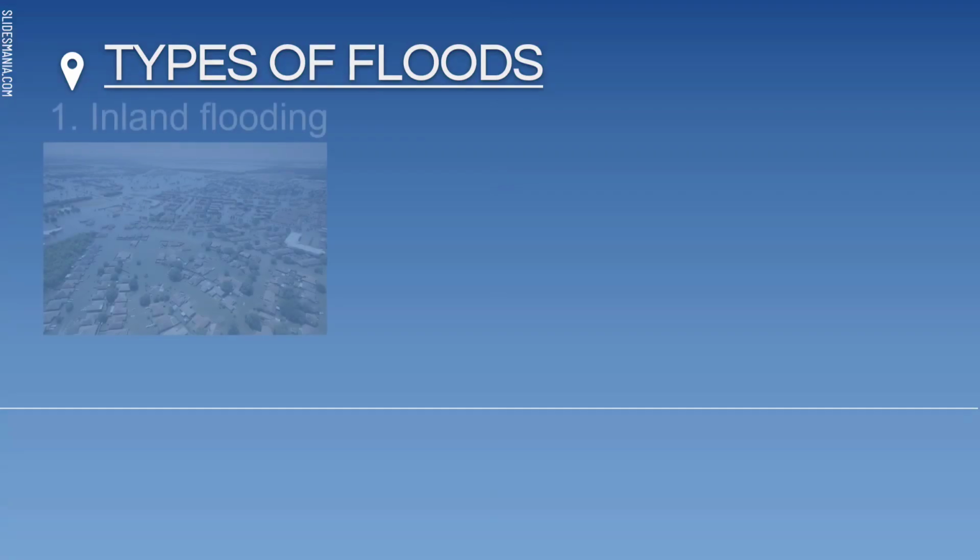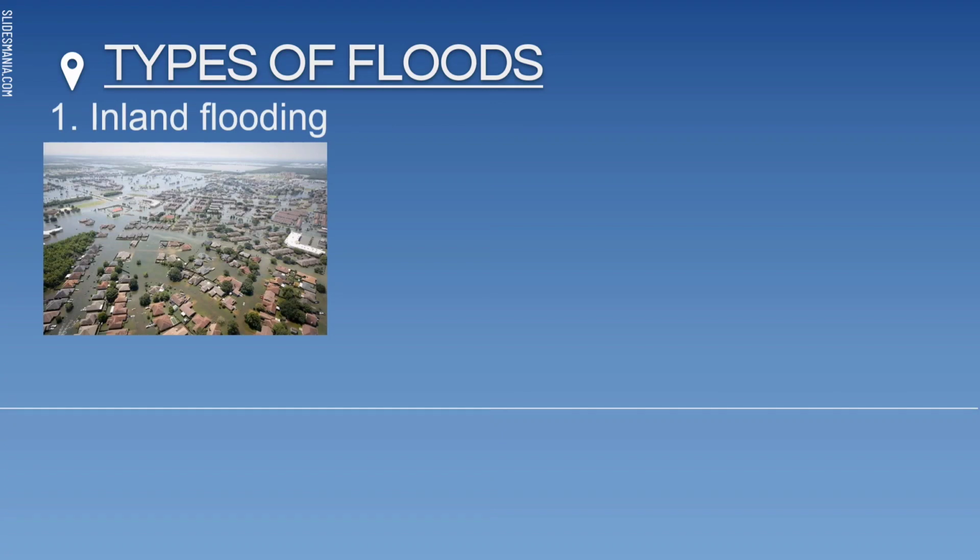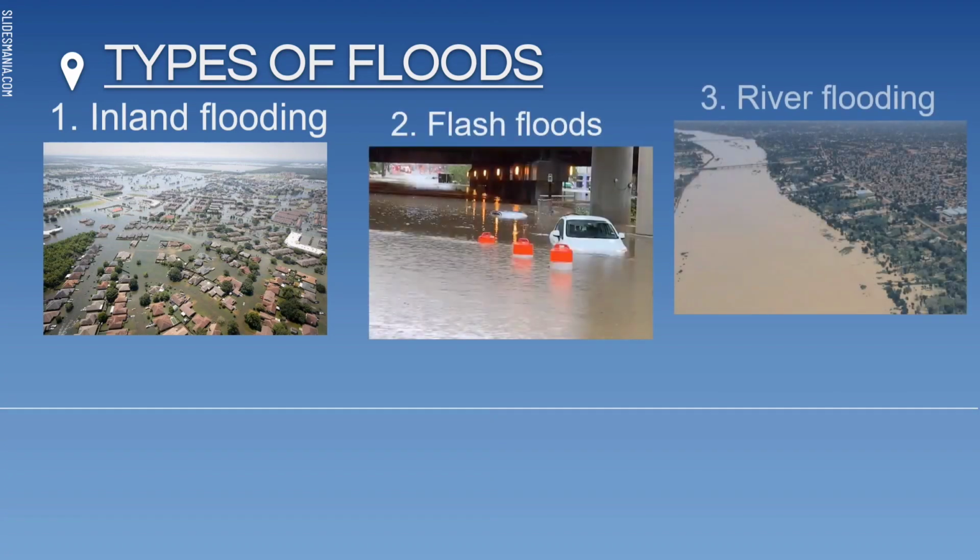And we also have different types of floods: inland flooding and flash flood. Inland flooding is a technical name for ordinary flooding that occurs inland, hundreds of miles from the coast. Flash floods are caused by heavy rain or the sudden release of water over a short period of time.